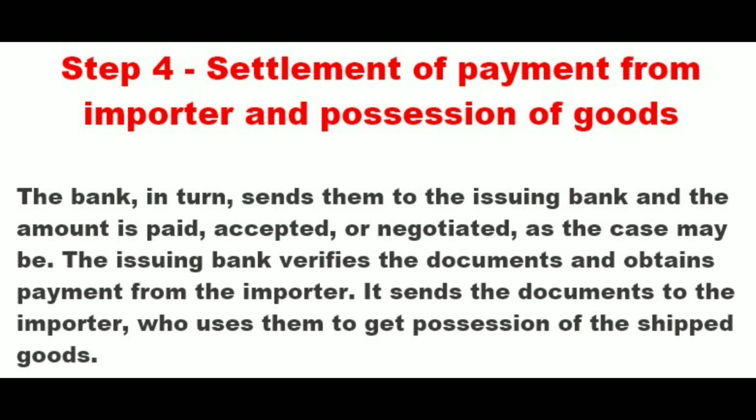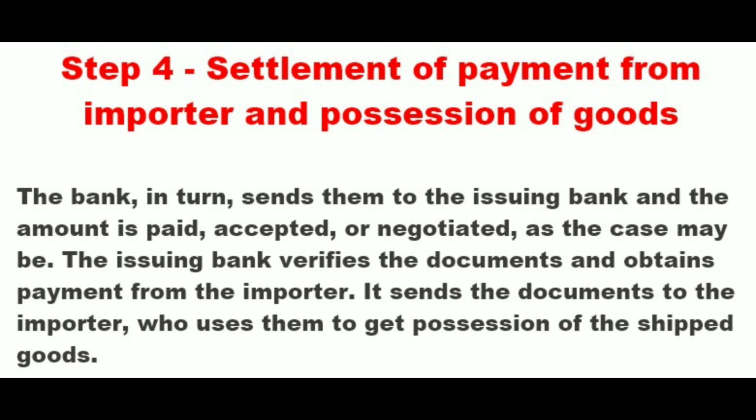Now his bank checks all the documents, whether they are in order and as per the requirements. After they are satisfied, they pay the amount as per the agreement to the importer's bank, that is the issuing bank, and forward the documents to the issuing bank.